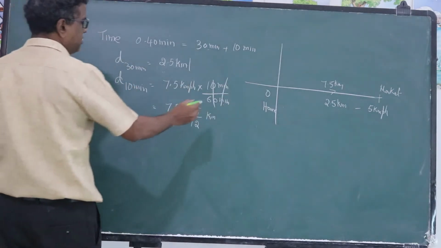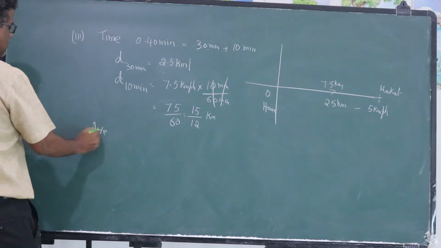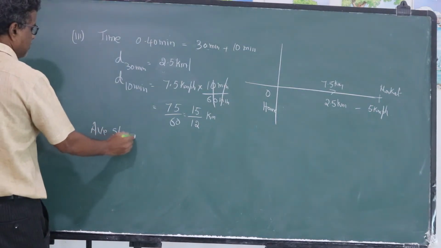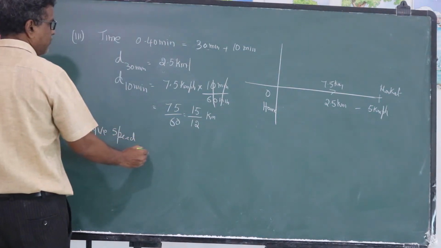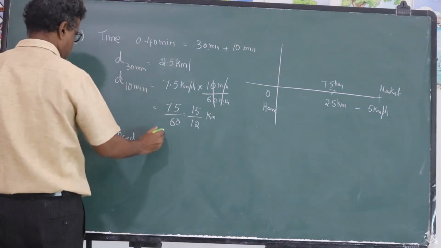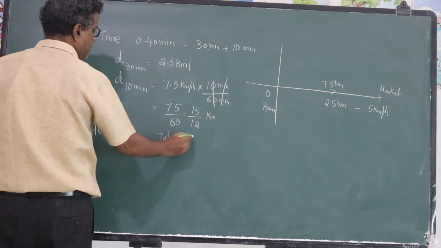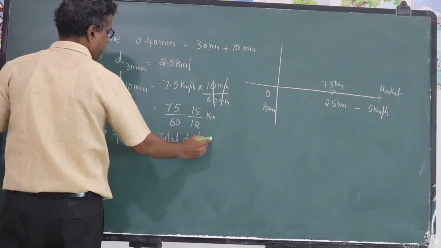So that is the total distance. We want the average speed between the interval 0 to 40. So the average speed is total distance by total time.